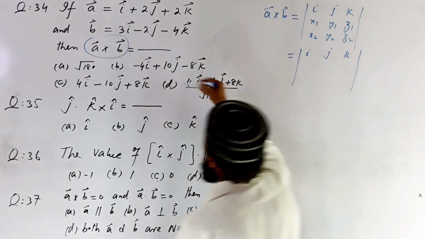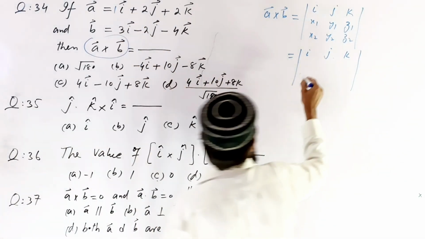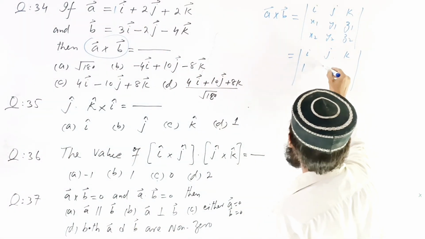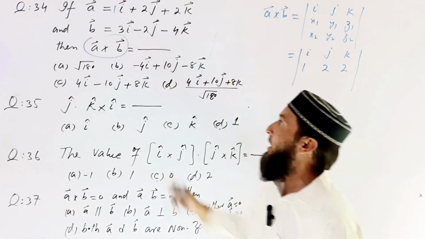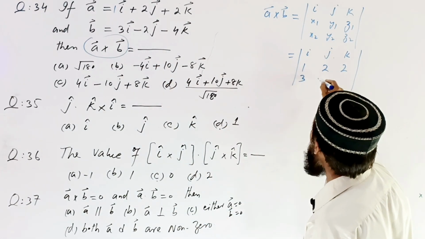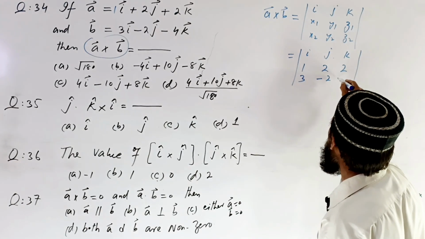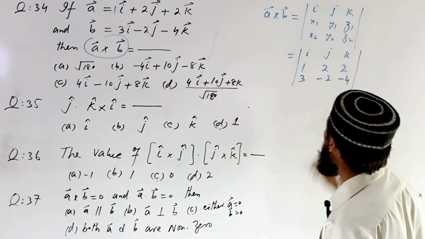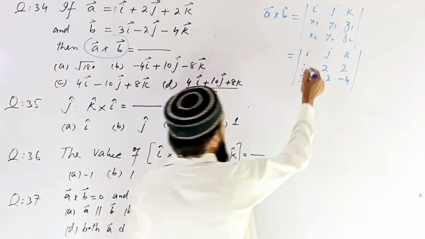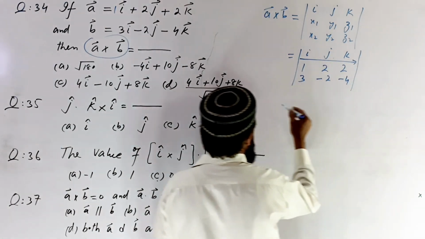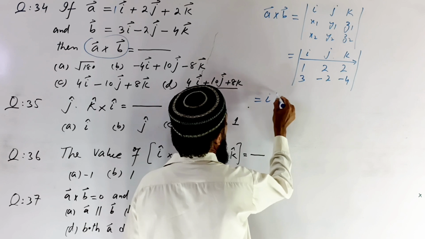The coefficients of A are 1, 2, 2, and the coefficients of B are 3, -2, and -4. Expanding by the first row, we can write this result.